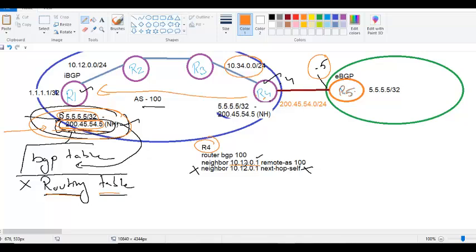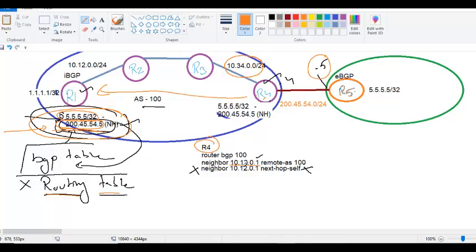But BGP's behavior is different. That's why I said BGP, even though it advertises the next hop address, works like this only: eBGP's address will be carried into IBGP.